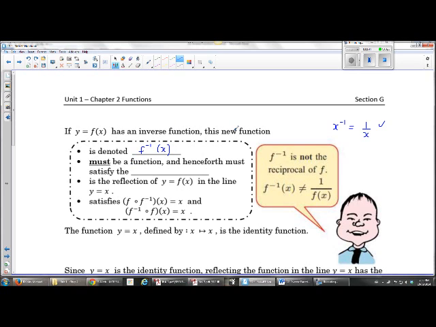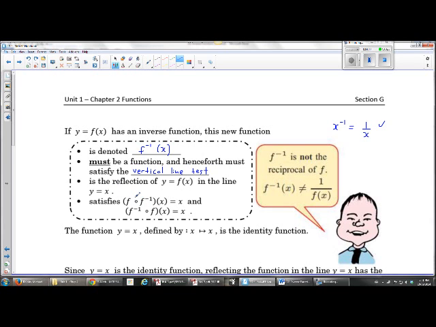So this new inverse function must also be a function, because if y equals f of x is a function, then the inverse must also be a function, and henceforth must satisfy the vertical line test. And this new inverse function is a reflection of the original function y equals f of x in the line y equals x.